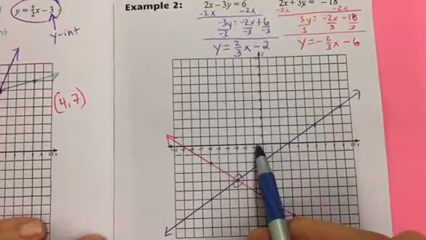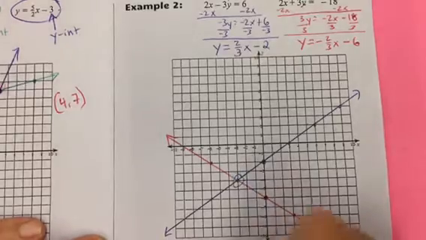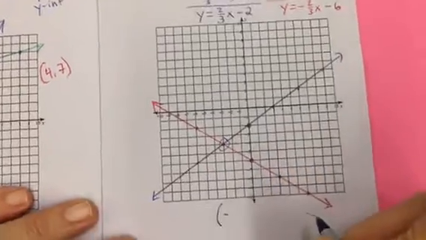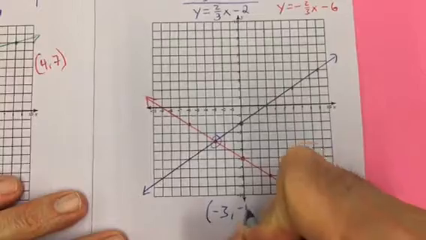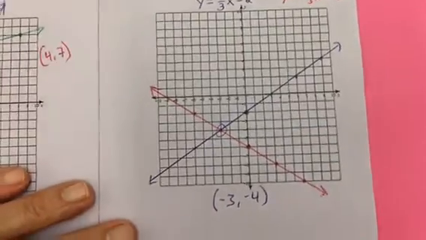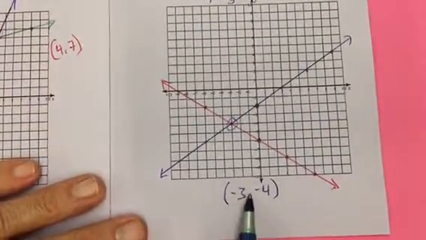My solution is negative 3, negative 4. Let's see, can you see that? Yep, you can see it.